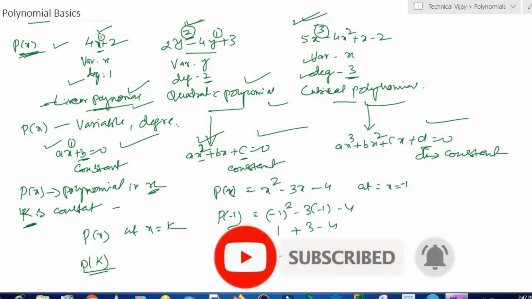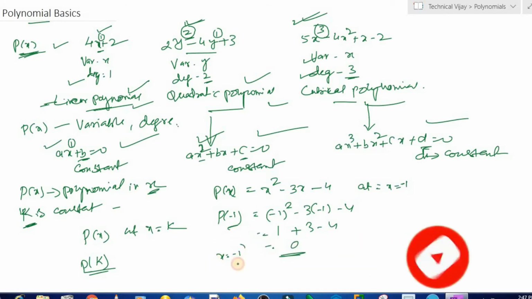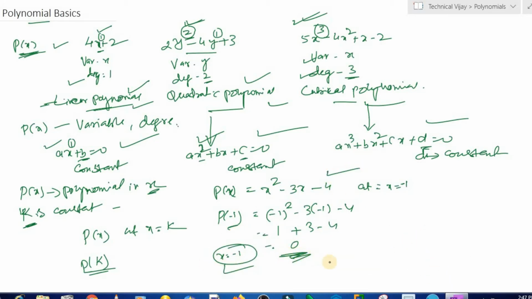So at x is equal to minus 1, the equation becomes 0. Then this minus 1 is called the zero of the polynomial. If you put a value in any equation and it results in 0, then the value you substituted is called a zero of the polynomial.